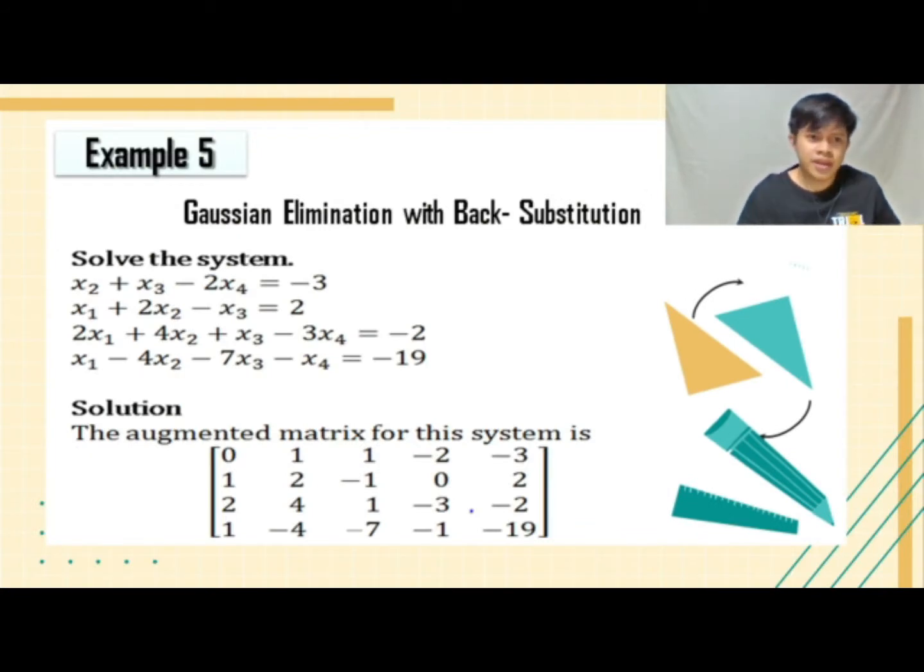We are now here in example number 5, which is Gaussian elimination with back substitution. Solve the system of linear equations. But before we proceed to how to solve it and how to write the solution, let me show first the step-by-step on how to follow the solution in Gaussian elimination with back substitution.